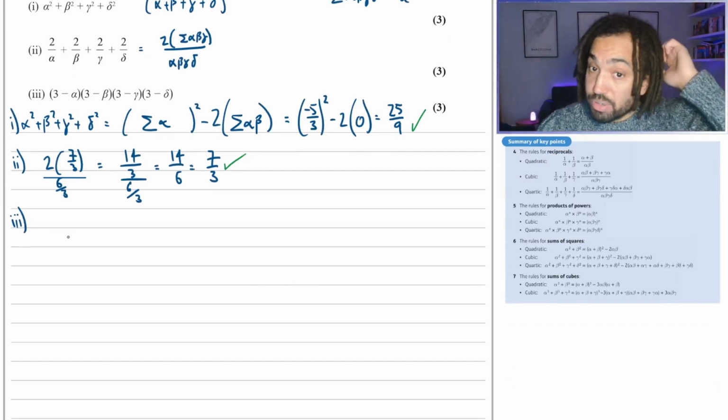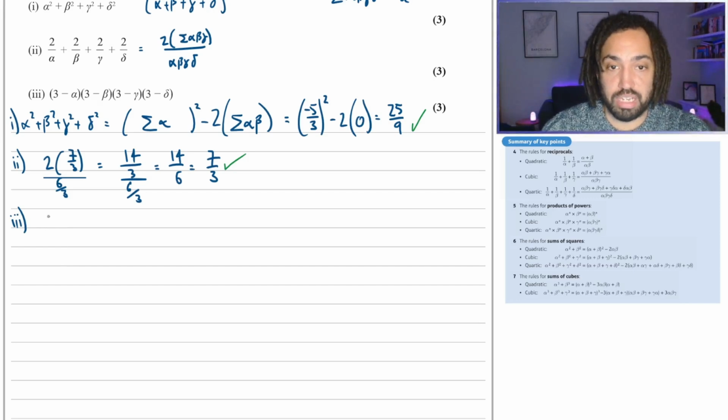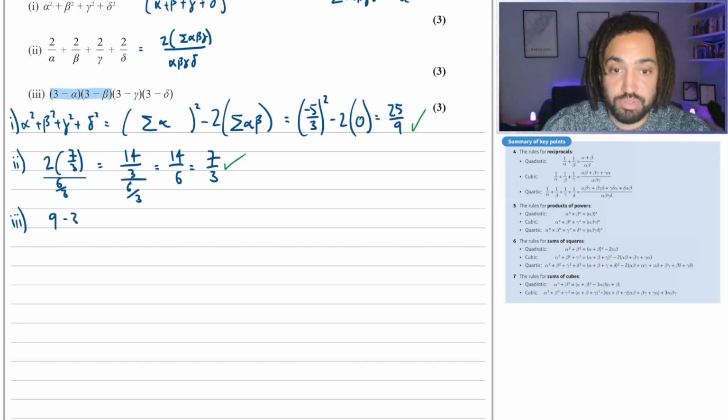Okay, so in doing so, I think probably the quickest way of doing it is just expanding out these two first. And that's going to give you 9 minus 3 alpha minus 3 beta plus alpha beta. And then if I was to expand out the other side, I'm going to get something very similar.